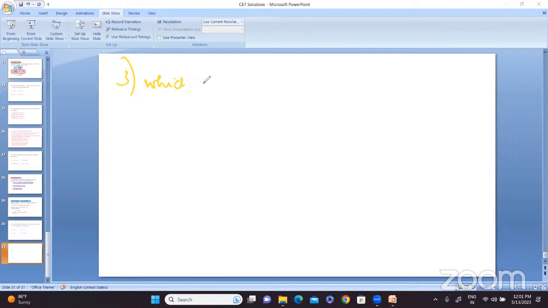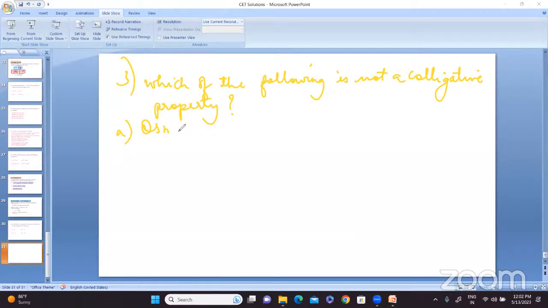Which of the following is not a colligative property? A, osmotic pressure; B, optical activity; C, depression; D, elevation in boiling point.